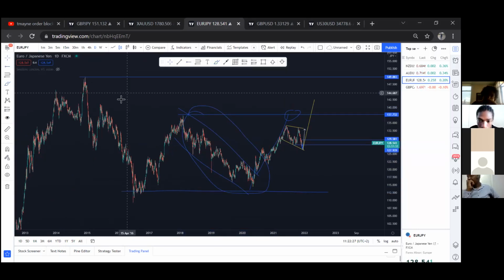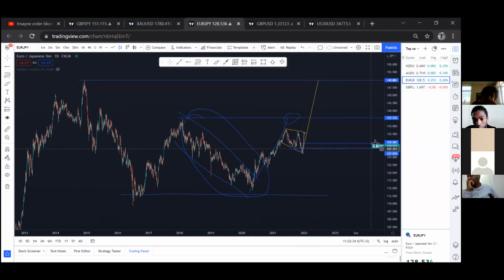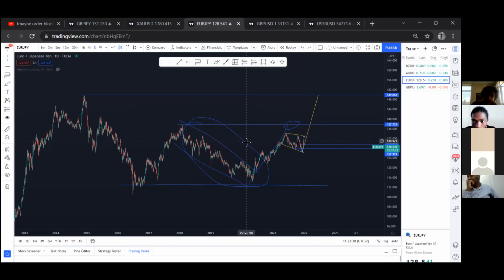Looking at these areas, we can still come and tap into these areas at this point in time. Super nice. This is going to be one of those nice trades once it does decide to give us that move to the upside, because we really don't know how long it's going to take for price to mature enough so that we can really capitalize on this move.